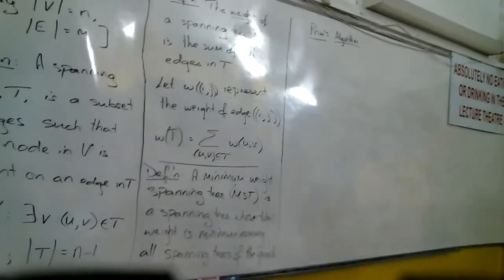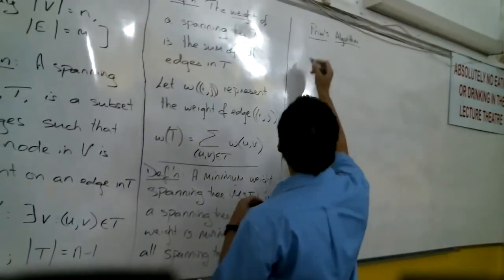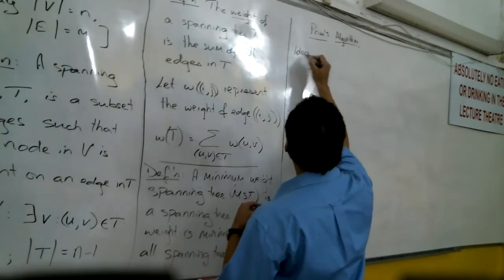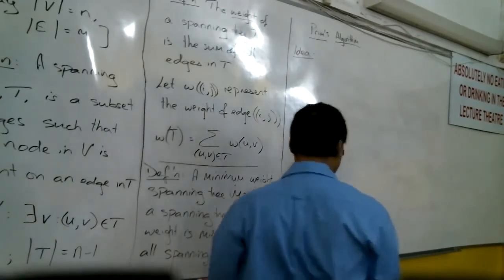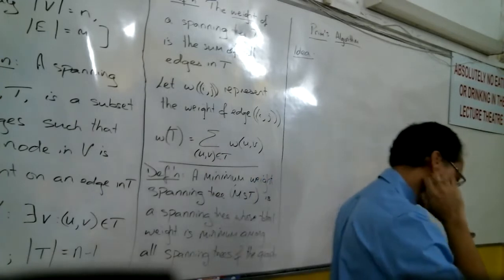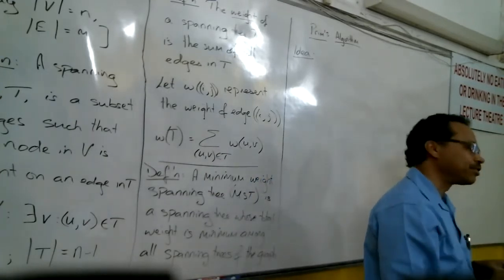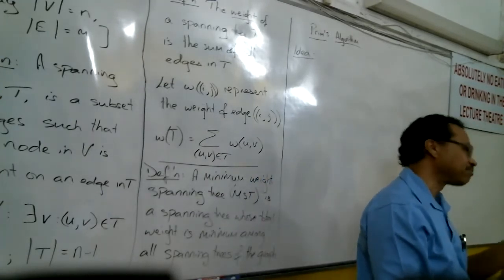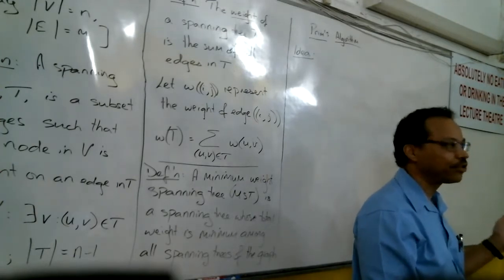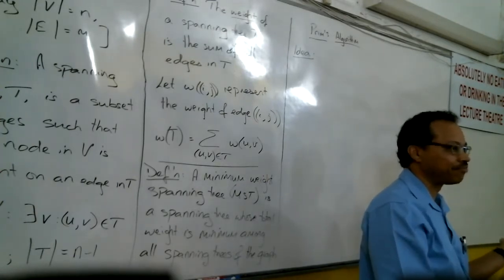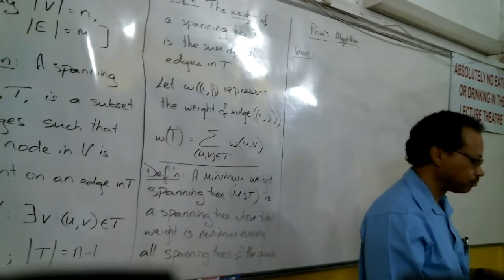So here's the basis of Prim's algorithm. Or maybe I'll tell you what the general idea is. In Prim's algorithm, what we're going to do is start from some node. It doesn't really matter which node you start from, but we'll have to say where to start from. It will have a start point.